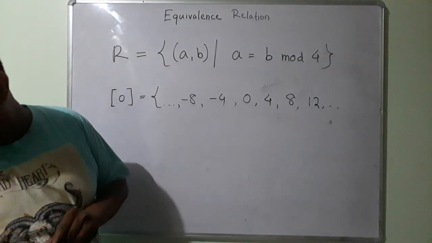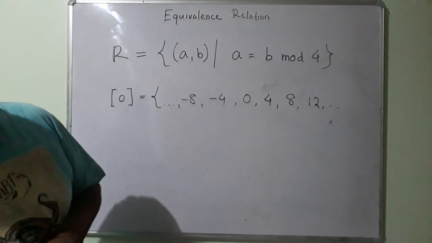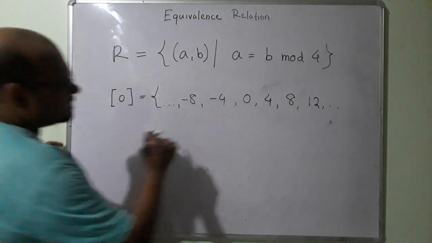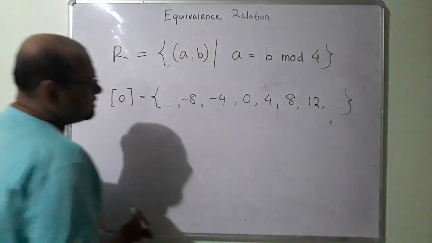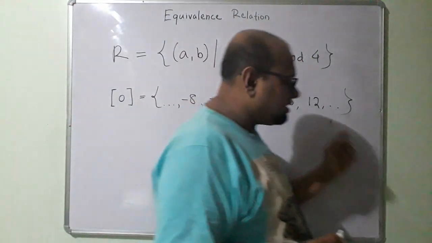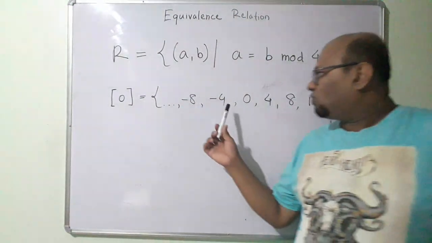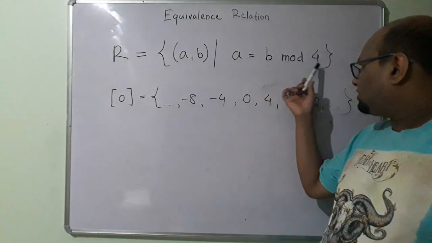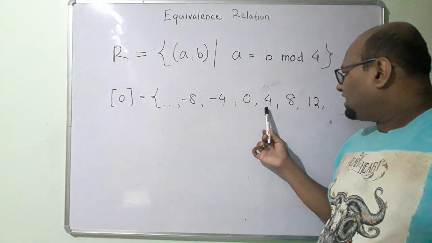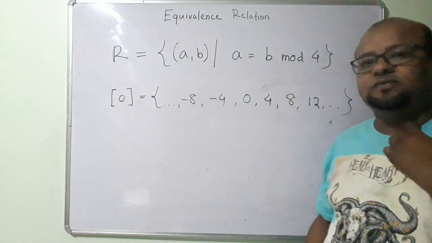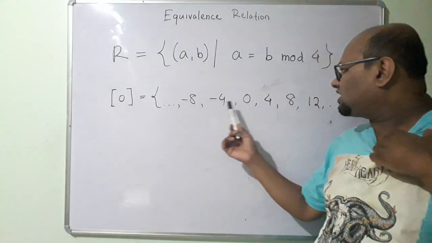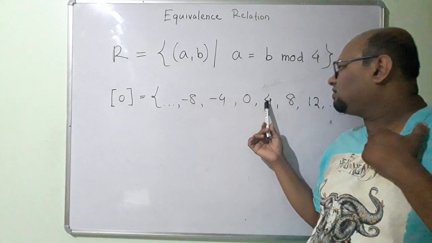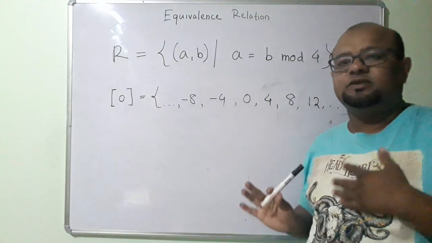Alright. So these are all the equivalent elements. Why? Because 4 minus 0 is divisible by 4. Okay. 8 minus 4 is divisible by 4. Okay. So -4 minus -8 is divisible by 4.